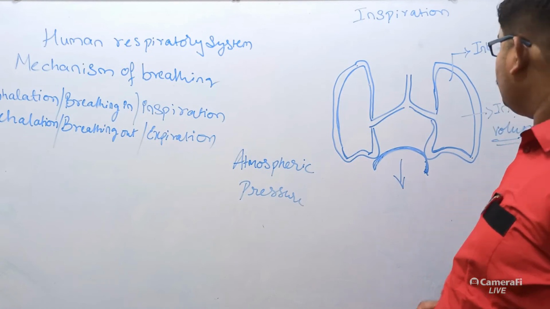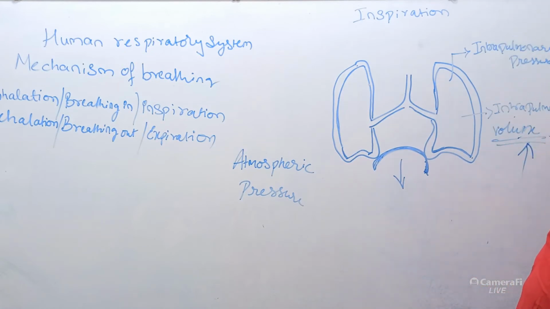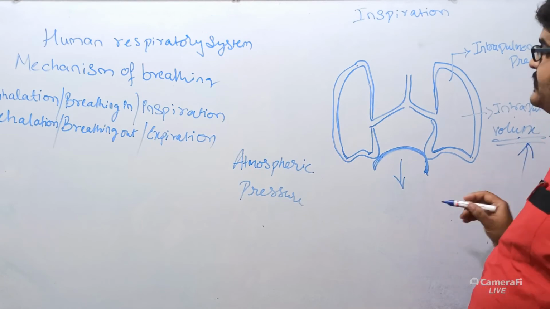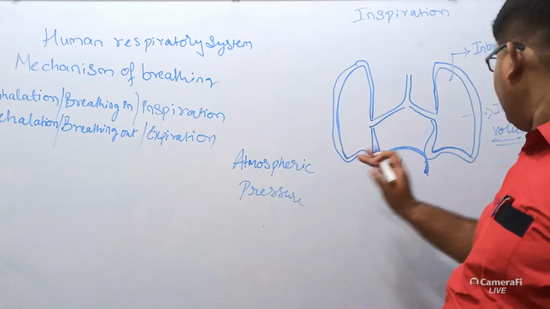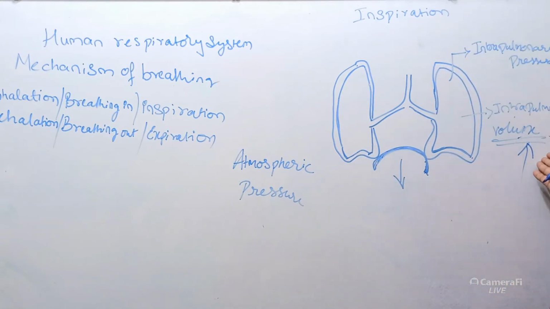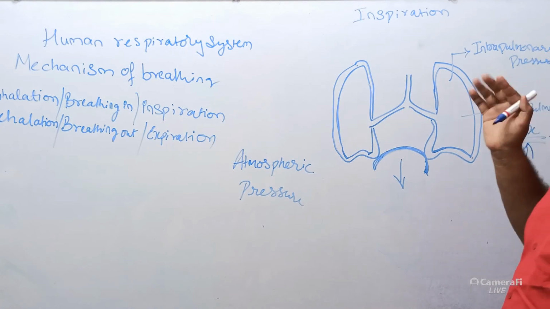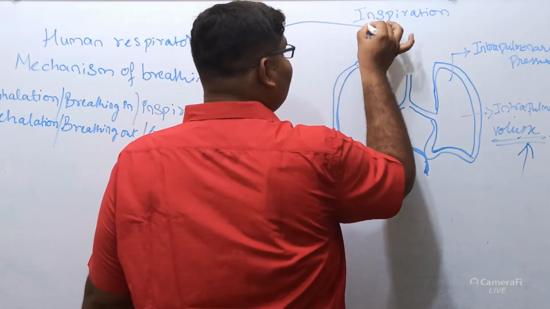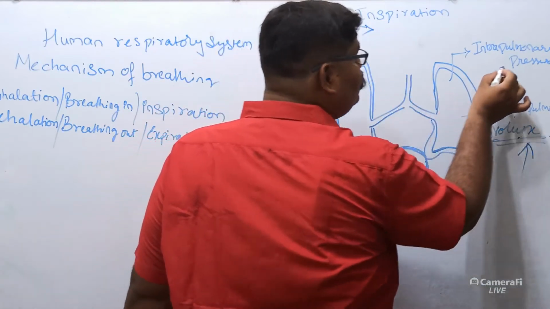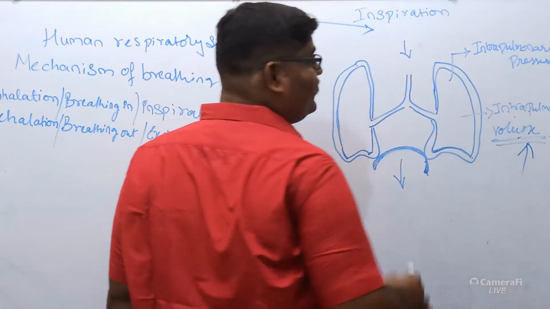So there is a hike in intrapulmonary volume and a drop in intrapulmonary pressure. The atmospheric pressure is more compared to the intrapulmonary pressure, so the air rushes from the atmosphere into your lungs.